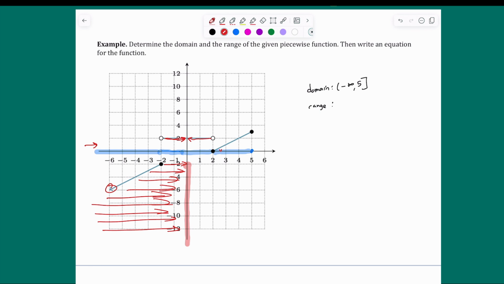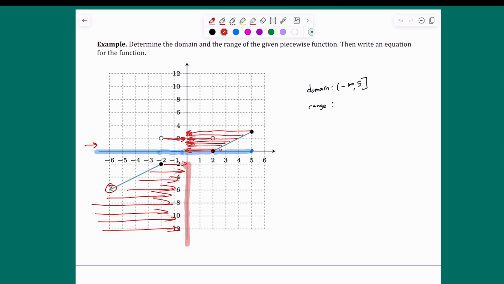And then as I jump down and then 2 to 5, and I project to the y values again, I'm hitting basically all these guys. Still hitting 2 there, keeps on hitting 2 until about right there.